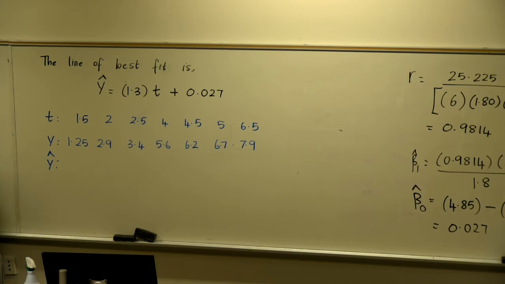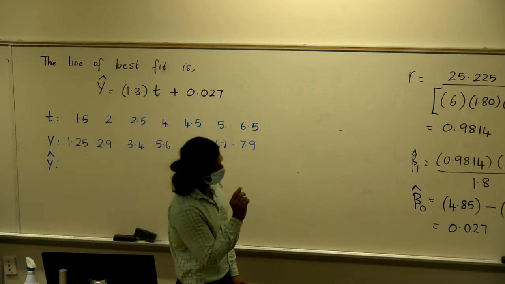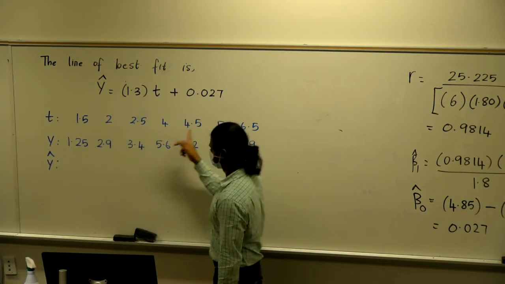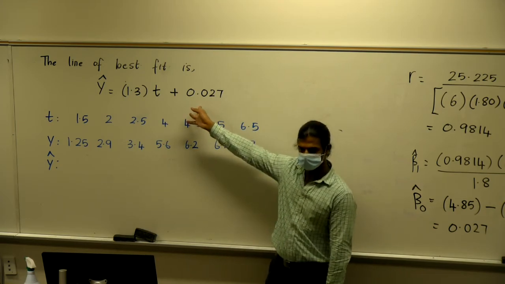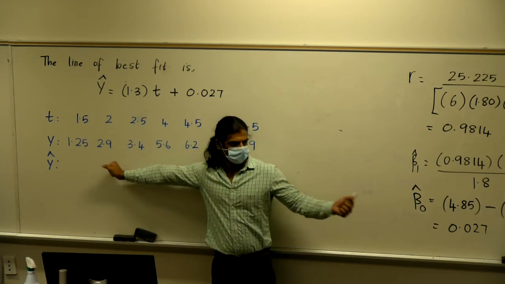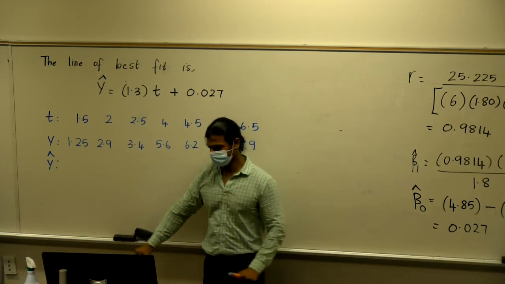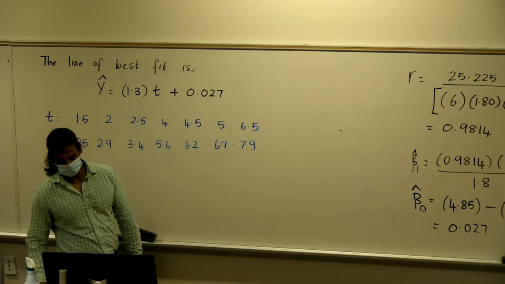And now we have to find the fitted values. In other words, we have to take each value of t and plug it in the line of best fit that we found to get y hat. Good? Again, we don't have to do this manually. We can use the calculator.